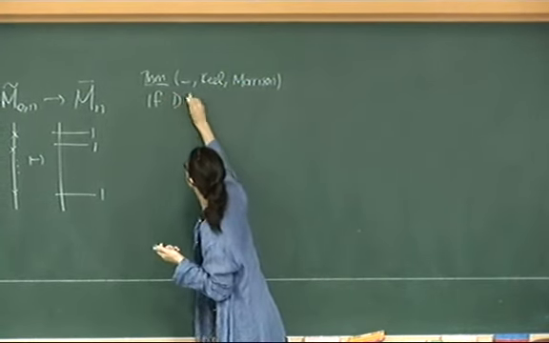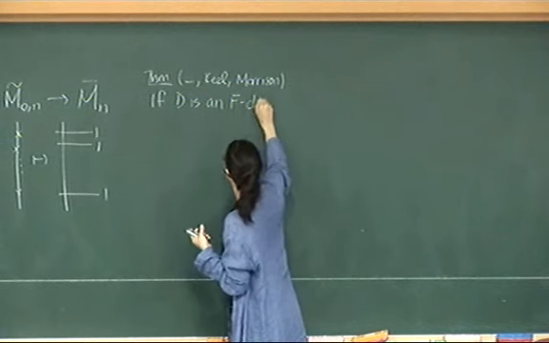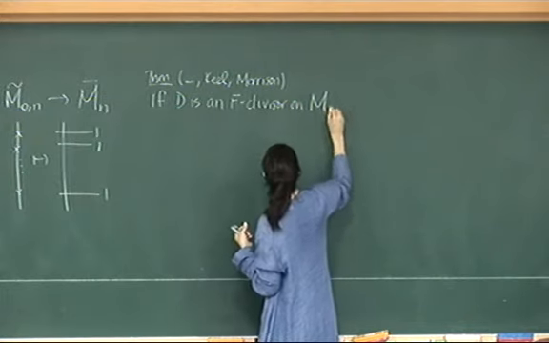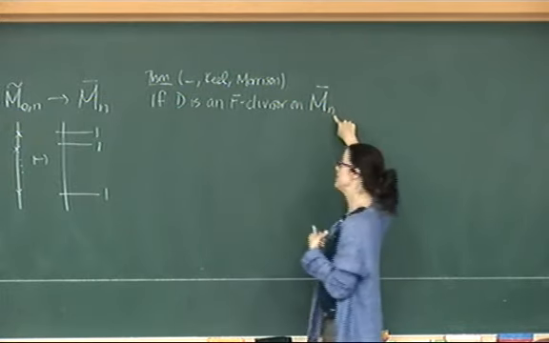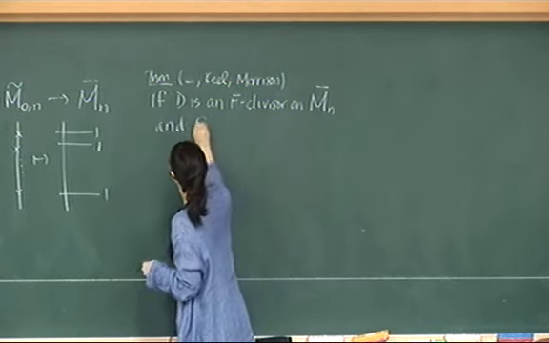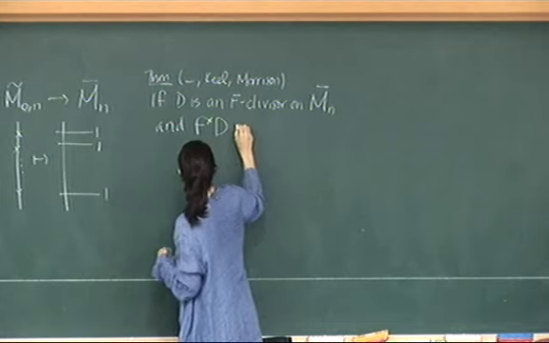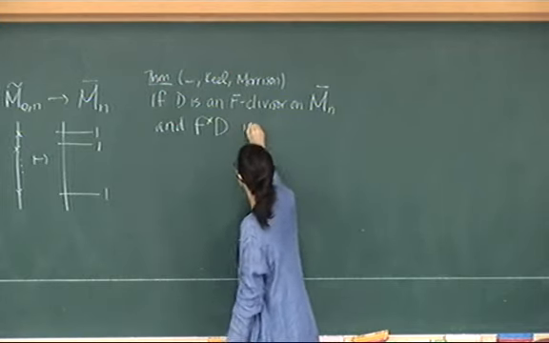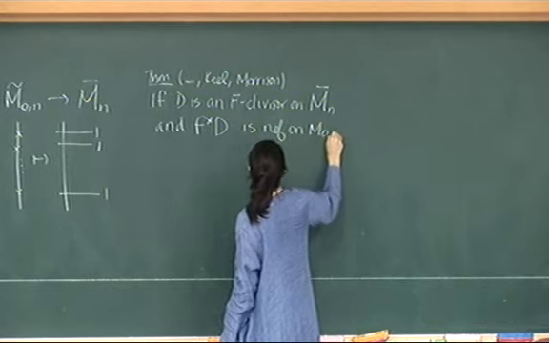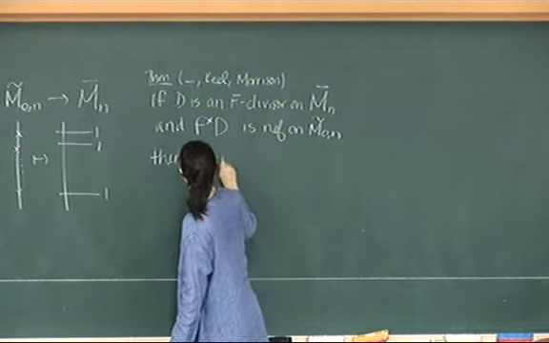If D is an F-divisor, I'll explain what that means in just a second, on M_g bar, the moduli space of genus g curves, and if you pull back D to M0N bar and you get something nef, then D is nef.